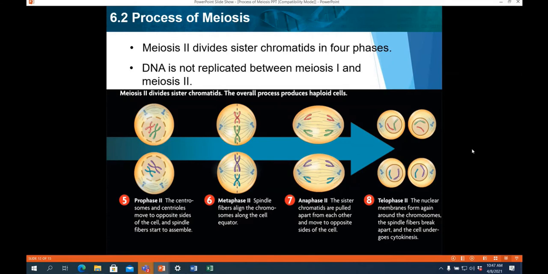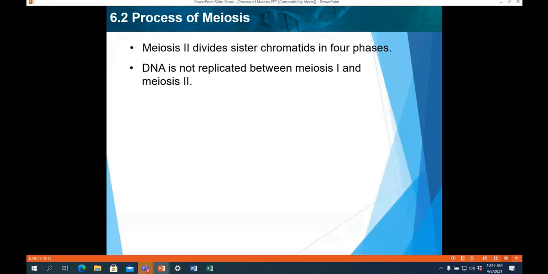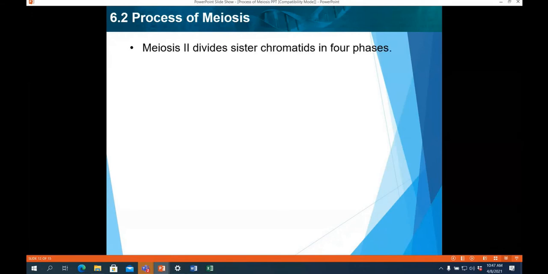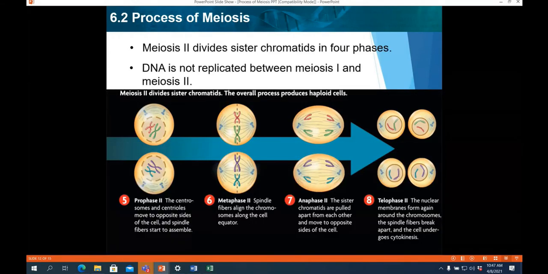Got it, ladies? So in mitosis, we studied that each cell divides into 2 identical daughter cells exactly the same as the mother cell, whereas in meiosis, by the end of meiosis 2, it gives rise to 4 unique haploid cells which are very different from each other.